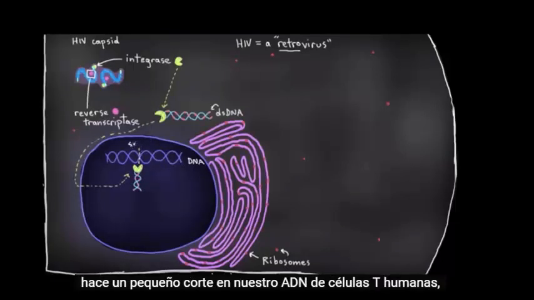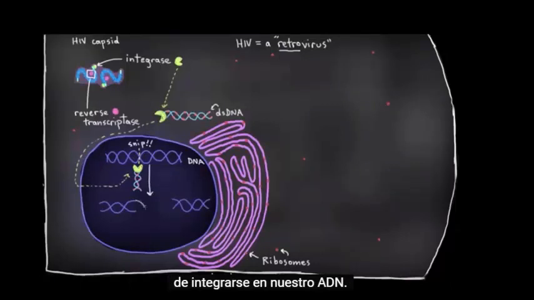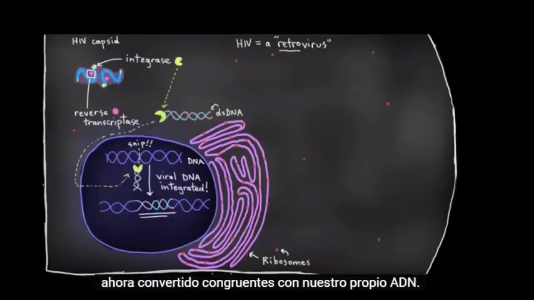It makes a little cut in our human T-cell DNA, and it allows this double-stranded HIV DNA to integrate itself into our DNA. And this step essentially establishes the lifelong infection with HIV. The viral DNA has sort of now become congruent with our own DNA.